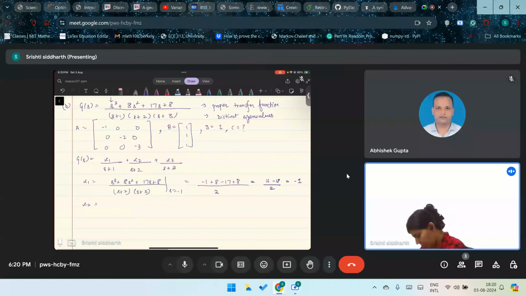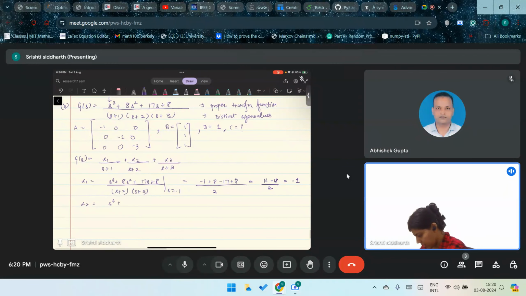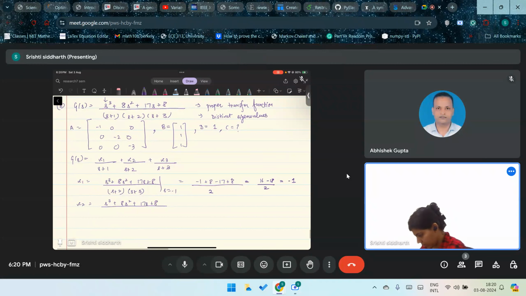C2 is going to be S cube plus 8s squared plus 17s plus 8 over, so remove the term for the corresponding eigenvalue. We have S plus 1, S plus 3, and this ratio evaluated at -2.